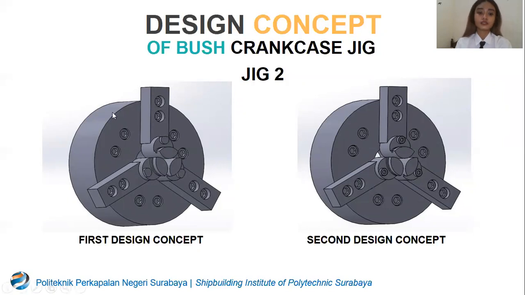But this jig is not as easy to repair as the second design concept. And the second design concept for the second jig has the same simple design, material easy to get, easy jig operation, easy to manufacture, and easy to repair, but this jig is not strong enough, and the material price is more expensive than the first concept.